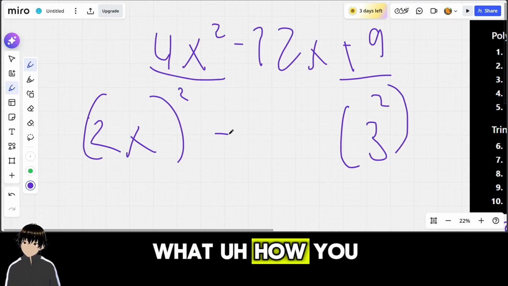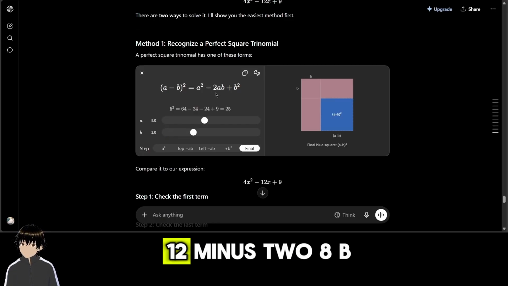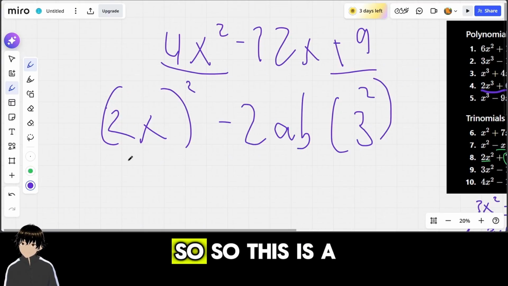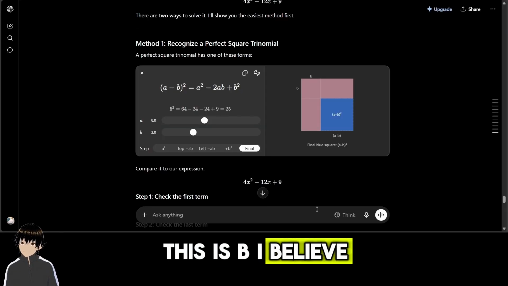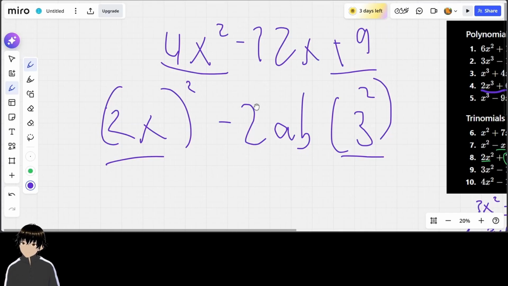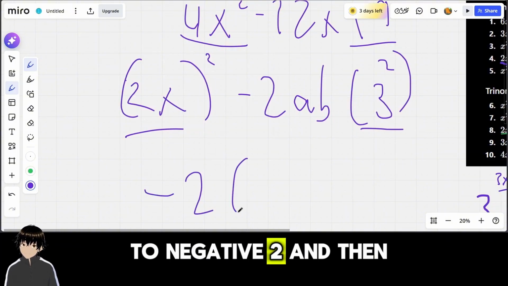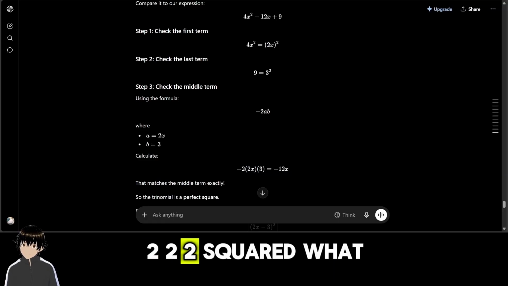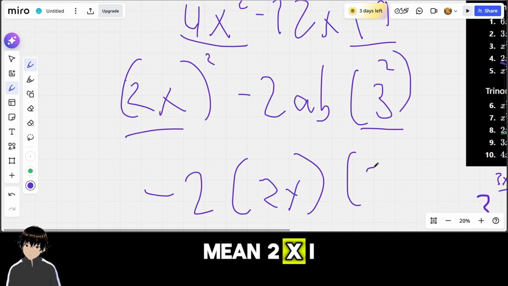How you make this 12x using 2ab. So this is a, this is b, I believe. So you have 2x and negative 3, and then 2x and 3.